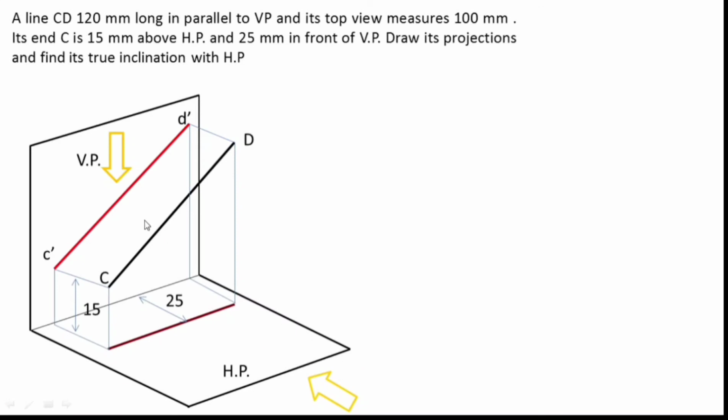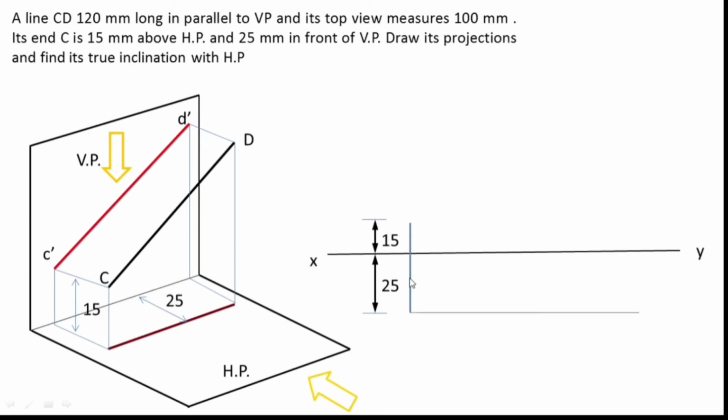So in the front view, the true inclination or true length of the line is projected on my front view or on VP, and in the top view the length of the line is projected on the HP. So how am I going to start this solution? I need to draw a reference line XY first and mark two points, C dash and small c. One is 15 mm above HP and the other is 25 mm in front of VP.